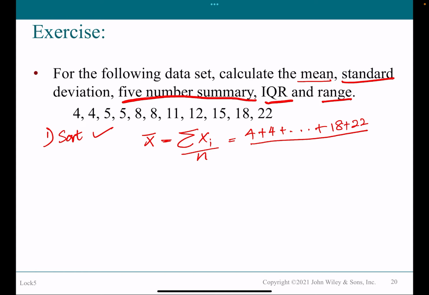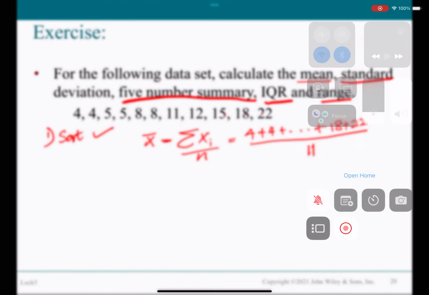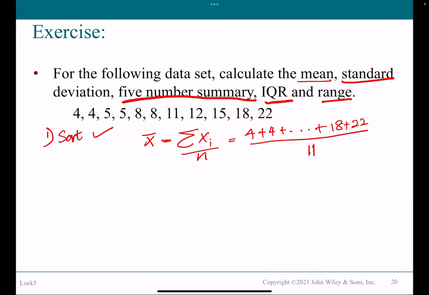Here 3, 6, 7, 8, 9, 10, 11. There are 11 numbers. You don't need to worry about the standard deviation. You can still find the standard deviation using your calculators.